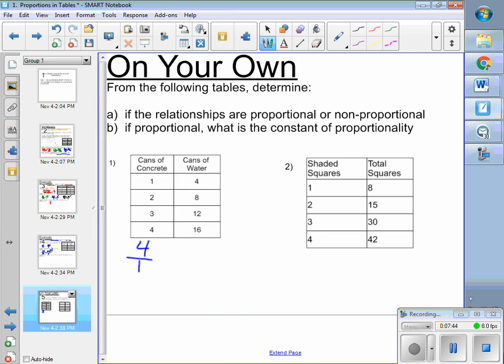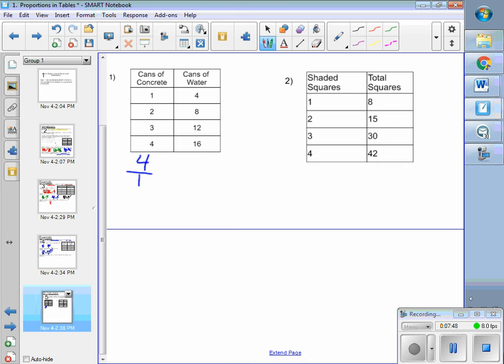Then 8 over 2, which if we simplify, we get 4 over 1. 12 over 3 simplifies to 4 over 1 when I do 12 divided by 3. And 16 over 4, which when I divide 16 by 4, I get 4 over 1. So the answer to this one is yes.